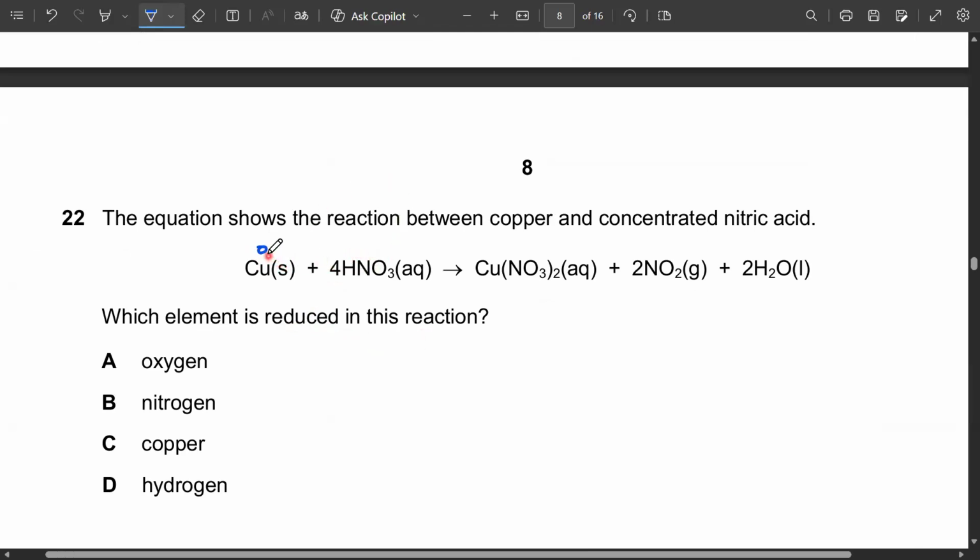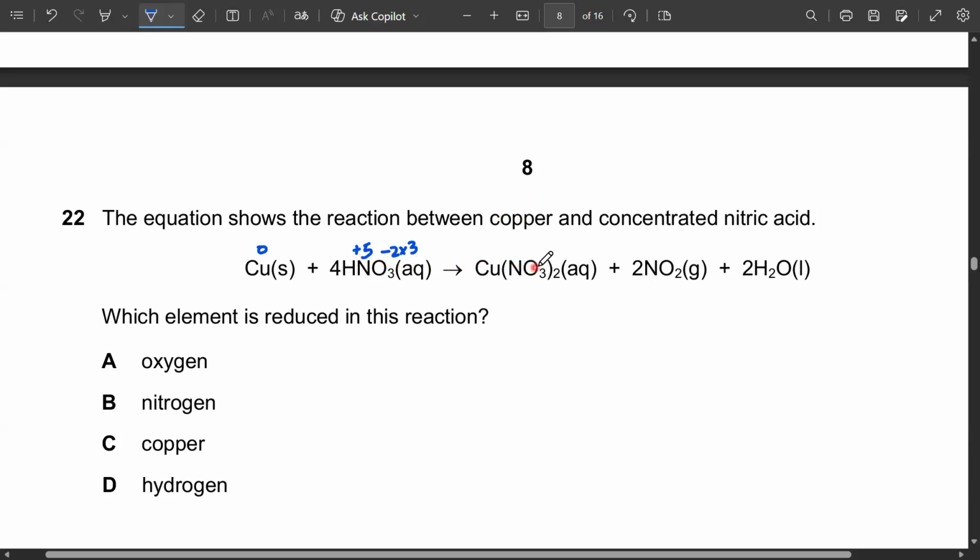Cu is in the elemental form, so zero state. Here, oxygen carries -2 charge for 3 atoms, that is equal to -6. Hydrogen will have +1 charge, which means nitrogen would carry +5 charge to make it 0. Overall charge should be 0. So nitrogen has +5.